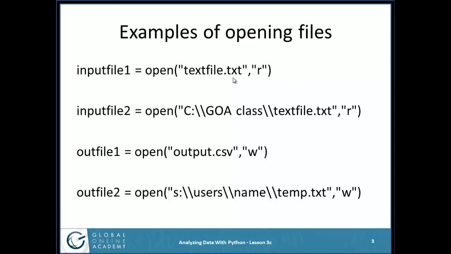However, you may want a fully qualified path name that says find it at this location on my computer, which may or may not have anything to do with where my working directory is. So here's something that says look on my C drive in the folder GOA class for the file textfile.txt. Notice how I had to put 2 backslashes in a row here.